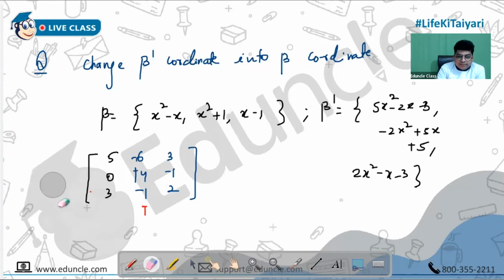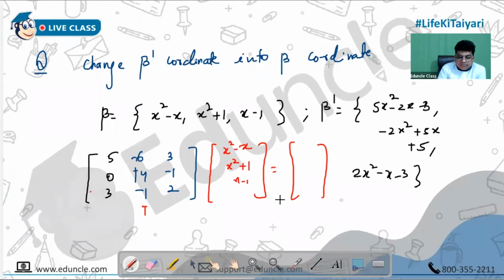If this is the answer, write it down in column form. Please check this, is this the answer? T of beta dash is equal to beta dash.